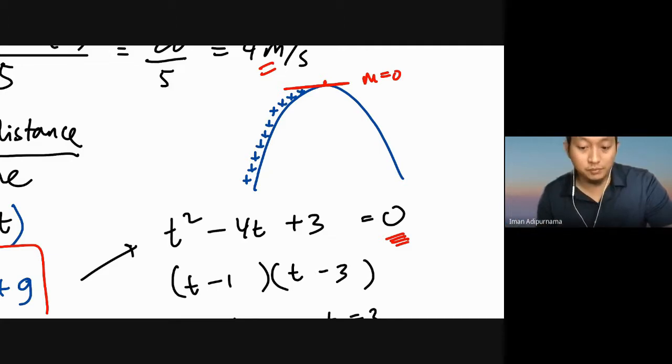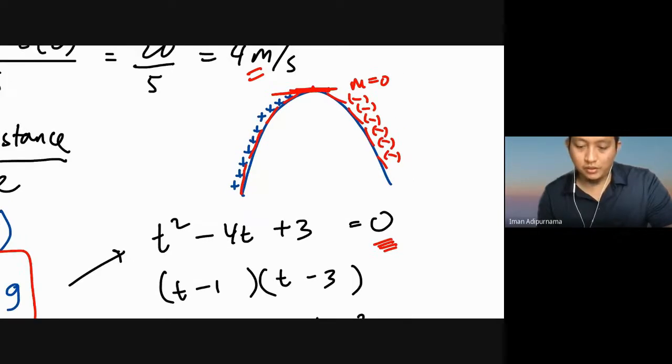So it's still positive, but it's still decreasing. Or if you remember, if I draw, the slope is going to be more horizontal. And then after 0, you will get the slope is negative, right? It's negative.